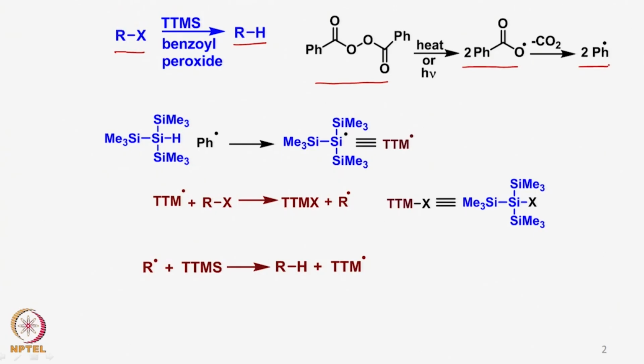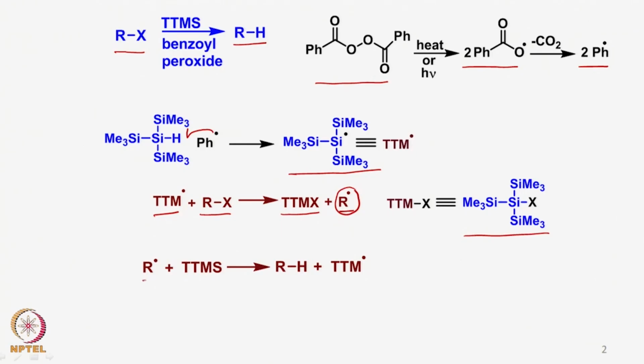That phenyl radical then picks up the hydrogen from here, generating this TTMS radical. This TTMS radical then reacts with the RX to form R dot, which is what is important, and TTMS-X, so that the silicon-X bond is formed.